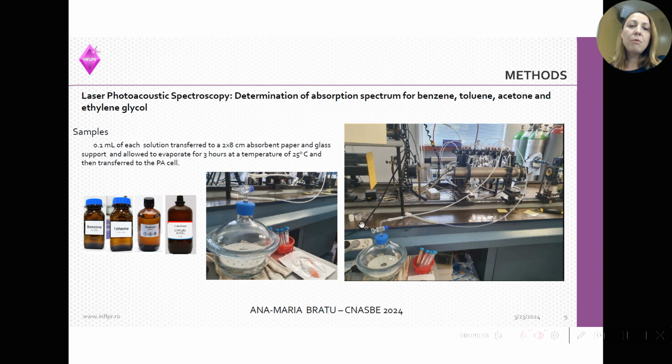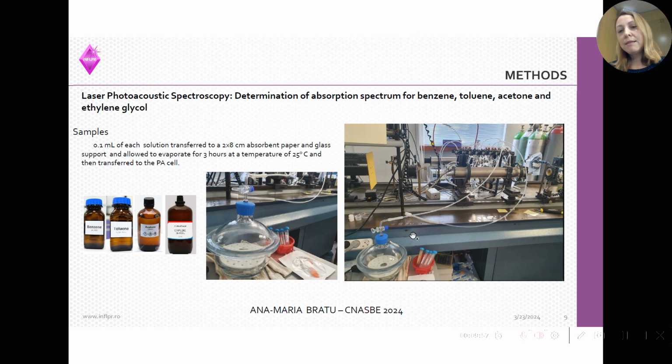For measuring our samples, we use 0.1 milliliter of solution that we transfer to an absorbent paper and put it in a glass cuvette, and we let it evaporate for 30 minutes at room temperature.